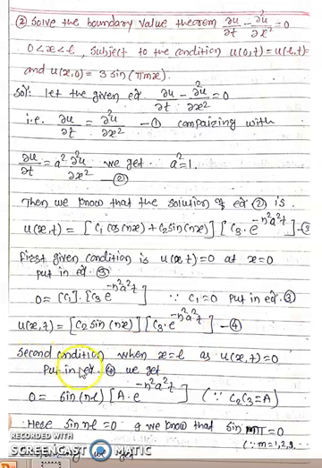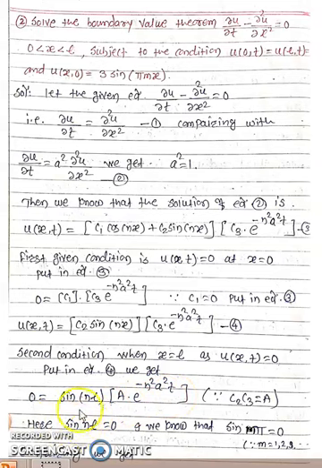Similarly, for the second condition, when u(L,t) will be 0, it means that x is nothing but L. So u(L,t) will be 0. Put this value in equation number 4. We get 0 equals sin nL, c2 into c3 becomes a, in the second bracket e raised to minus n² a² t.